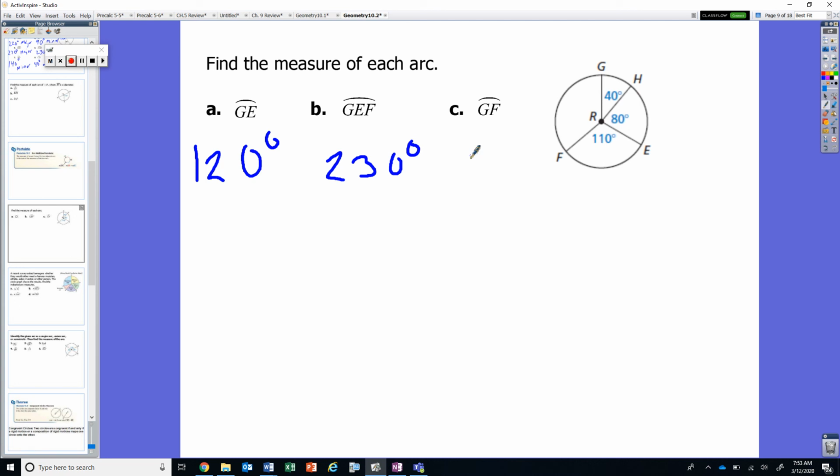And so ultimately, what do we have? We have 360 minus this 230 degrees here. And so then we end up getting 130 degrees for GF, this minor arc less than 180 degrees.